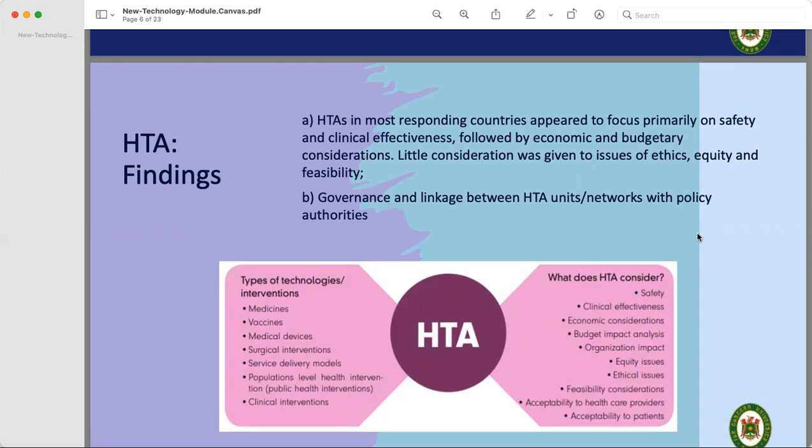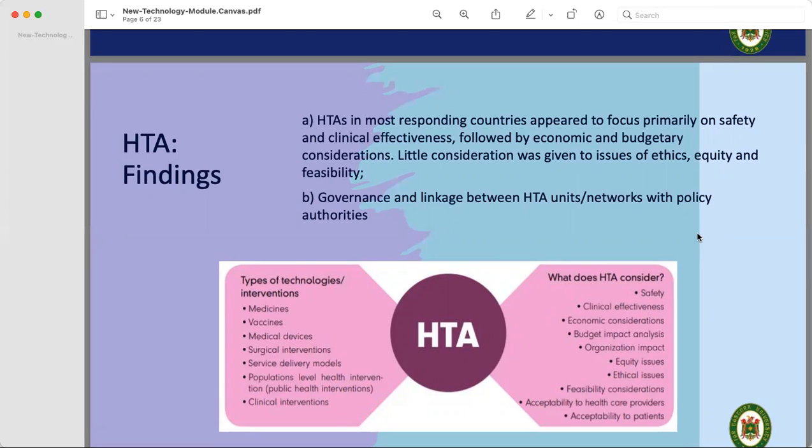in terms of equitable availability, according to studies, little consideration is given to it yet. Because, of course, countries all over the world have different economic status. We have different economic capabilities.